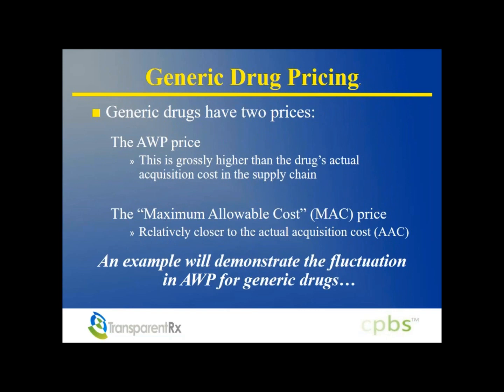Now, I'm focusing on generic drugs for one reason only. It's where the margin is. So while 20% of the revenue to the PBM comes from generics, 75% of the margin comes from generics.